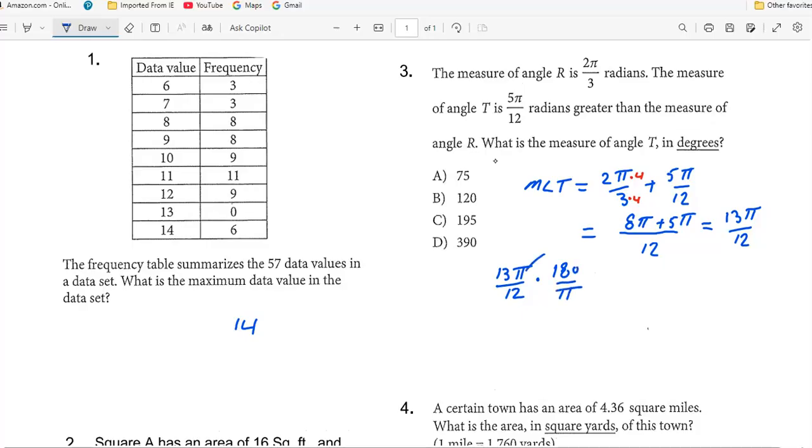The pi is going to cancel out, and 12 goes into 180 how many times? 15 times, right? So you multiply now 13 times 15, and that should be equal to 195, right? 195, and that will be your answer for number 3.